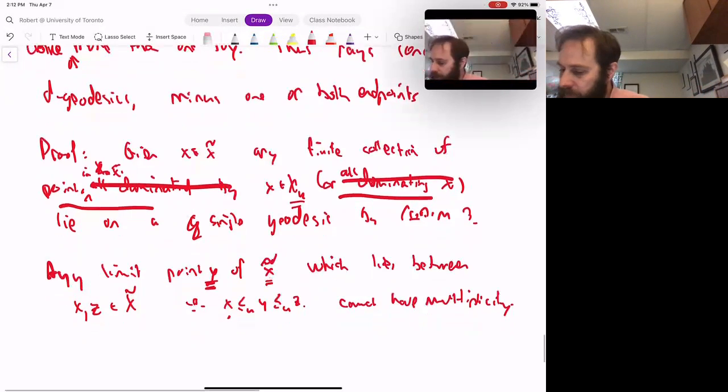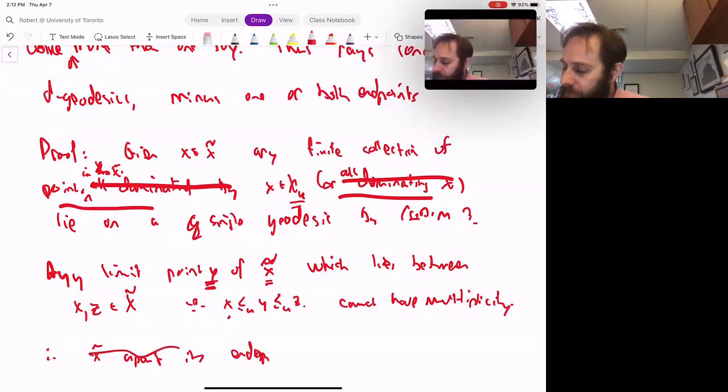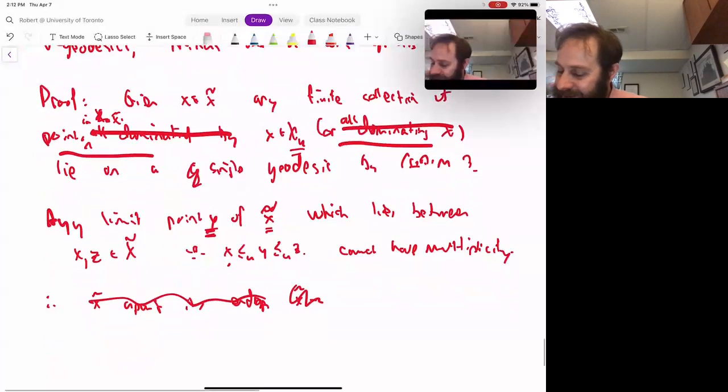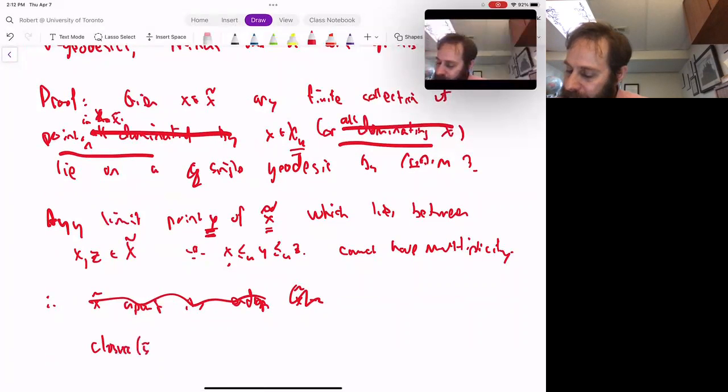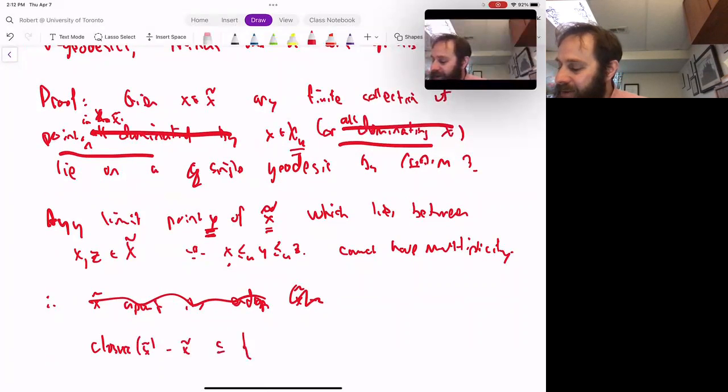And so therefore, X tilde, apart from perhaps its endpoints, so rather the closure of X tilde minus X tilde is contained in the least and greatest elements with respect to the ordering.